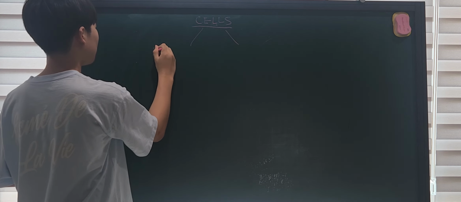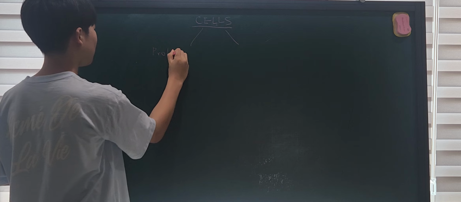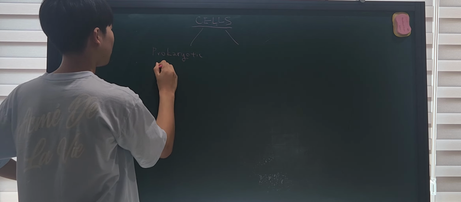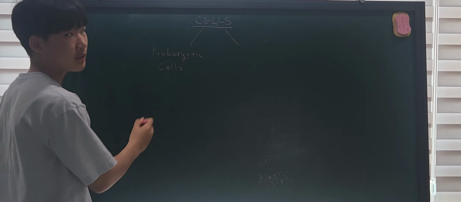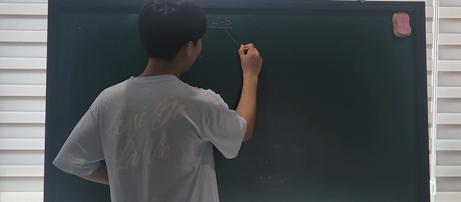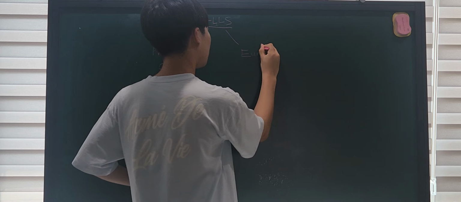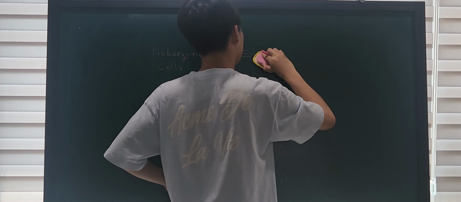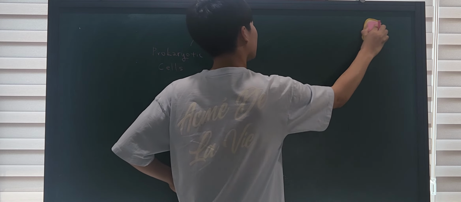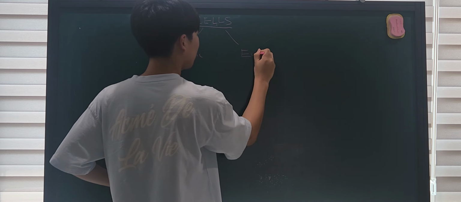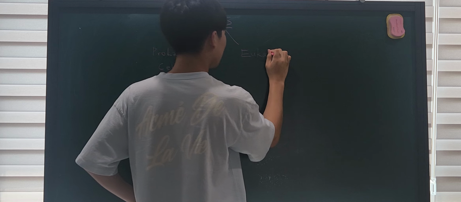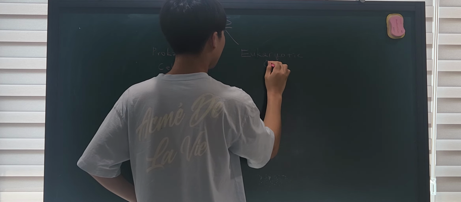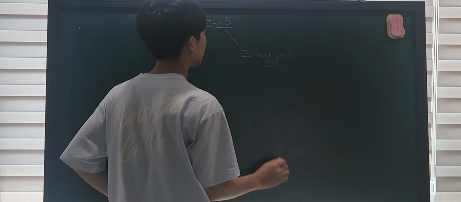One is called prokaryotic cells, and the other one is called eukaryotic cells.